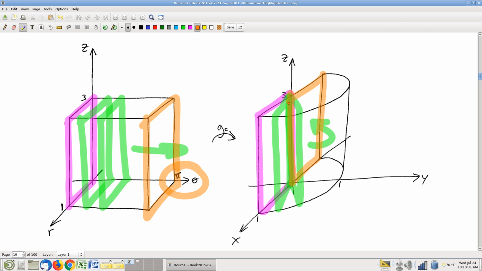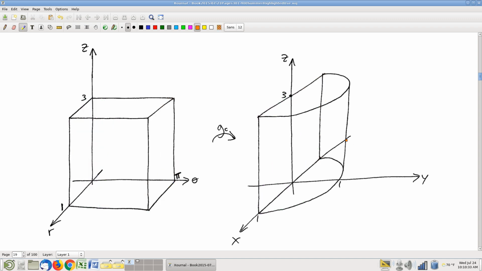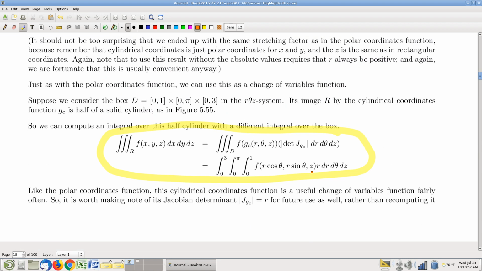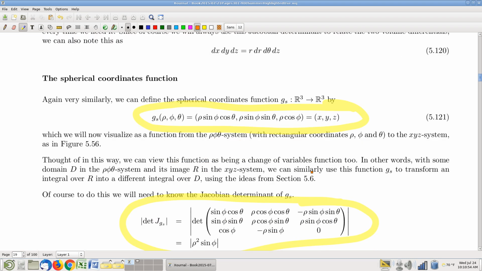Okay. So if you had an integral on that domain, you could say, I'm going to use cylindrical coordinates as a change of variables, and it will pull back to an integral on a nice rectangular box. Details are here. There you go.